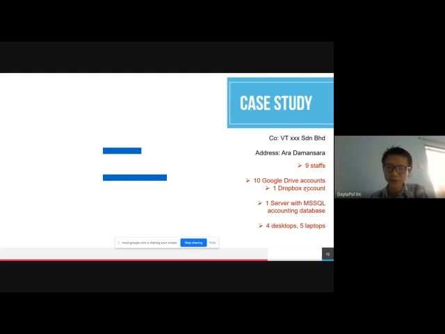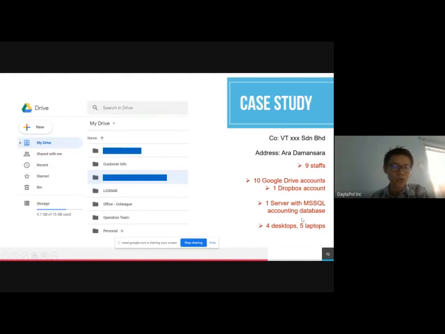And they have 1 server to store the accounting database and obviously many others, like the staff information. And in terms of devices, they have 4 desktops and 5 laptops. So this is very familiar, right? This is one of the user accounts that they screenshotted and shared with me.